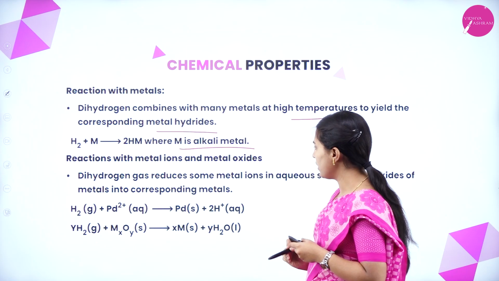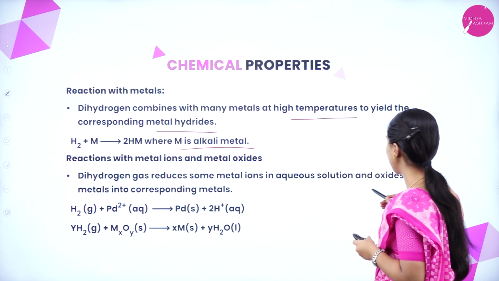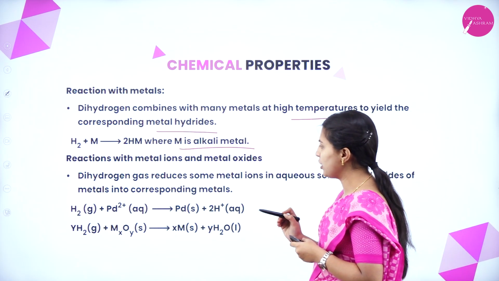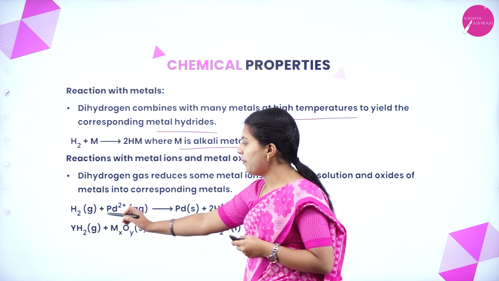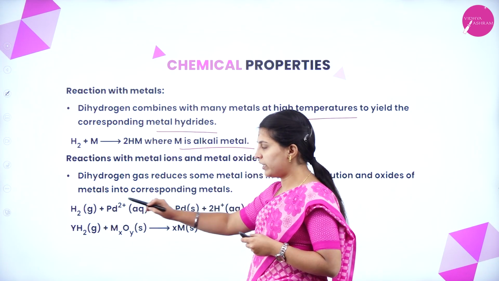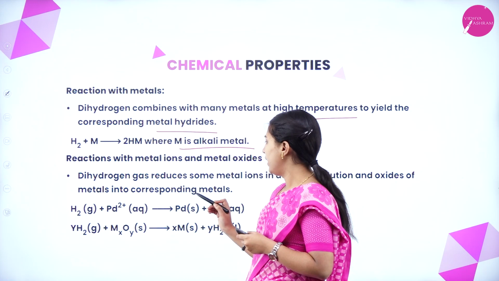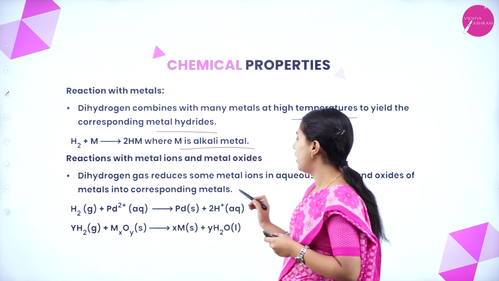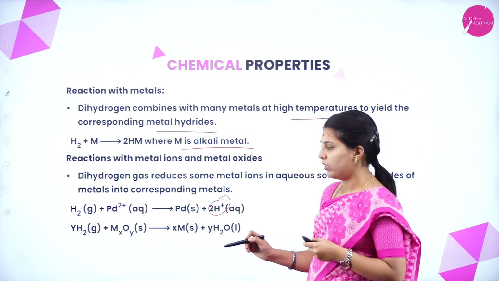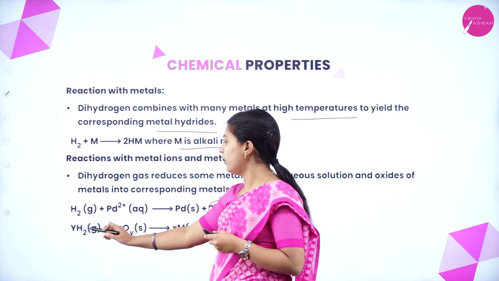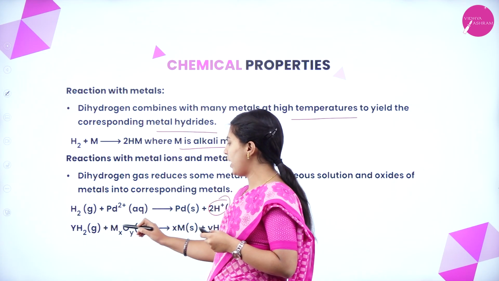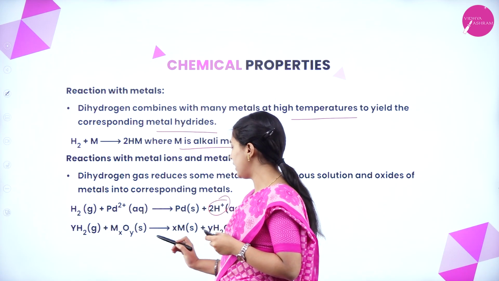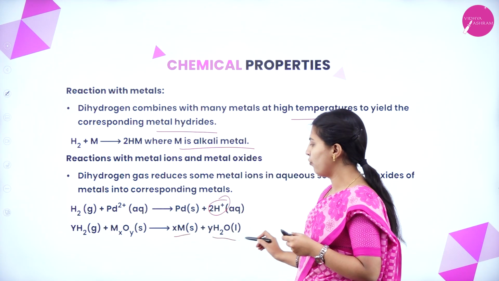Dihydrogen gas reduces some metal ions in aqueous solution and oxides of metals into corresponding metals. See, hydrogen gas treating with palladium in the aqueous solution will form palladium and hydrogen ion. Here also H2 with metal oxide MxOy will form metal plus water.